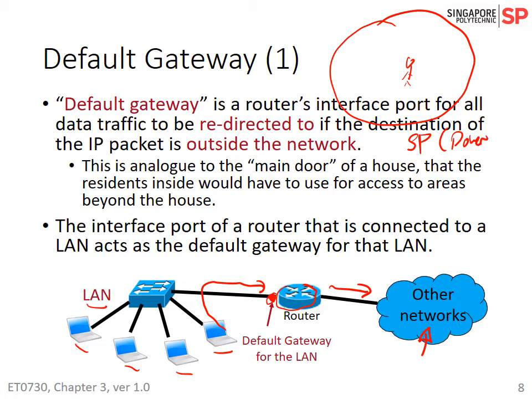You want to go home. So how do you go home? Let's say your home is in Budok. So how do you go home? Let's say you're not sure how to go home, so I need to tell you. You need to find your default gateway, and your default gateway is the Dover MRT station.